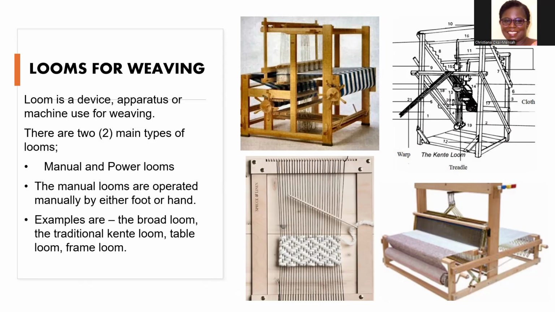So we need to take particular attention when doing the warping, especially the crossing area. Then after warping, you take the yarns to the loom. And that one too, we learned about how to take the yarns to the loom.